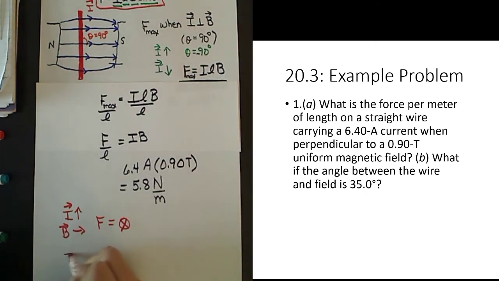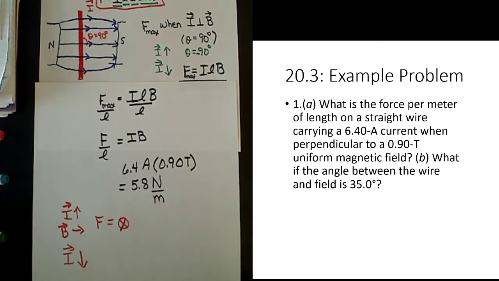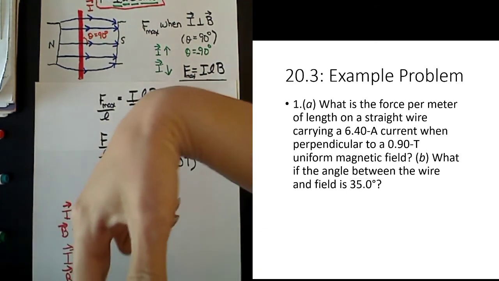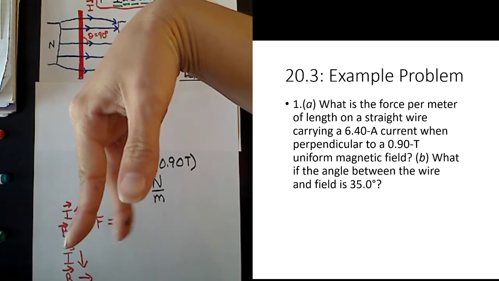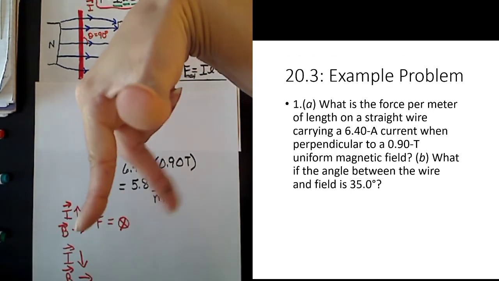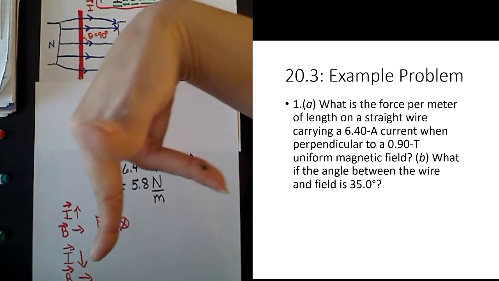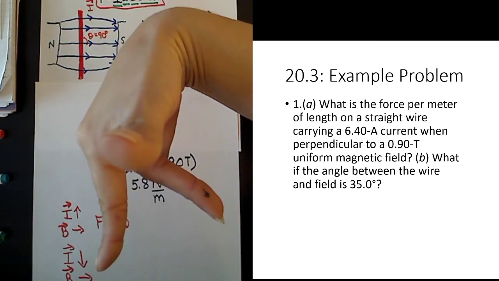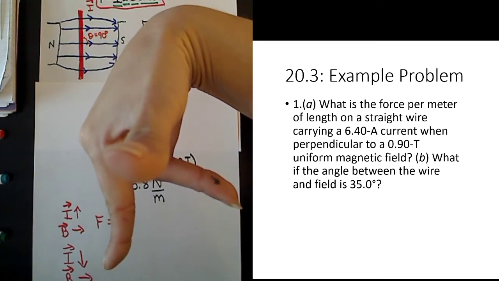So let's say our current is going down and our magnetic field is still going to the right. In this case, this is a little hard to do, but we need our first finger to point in the direction of the current and our middle finger to point in the direction of the magnetic field.